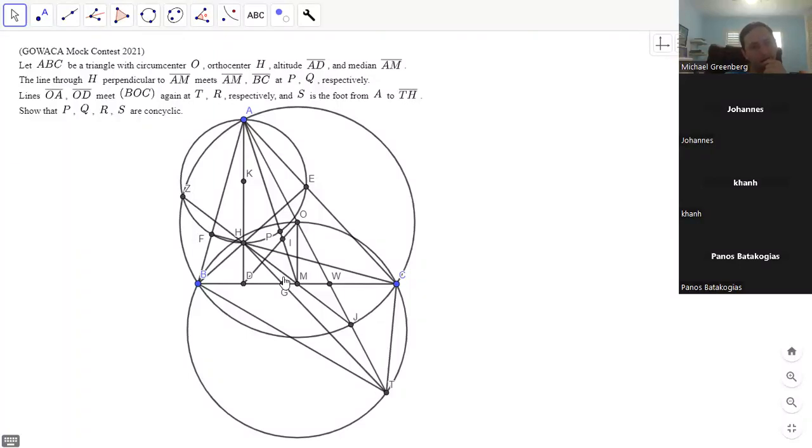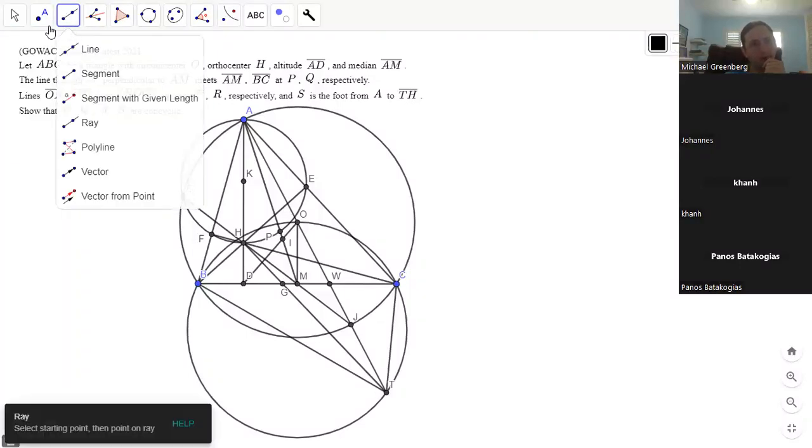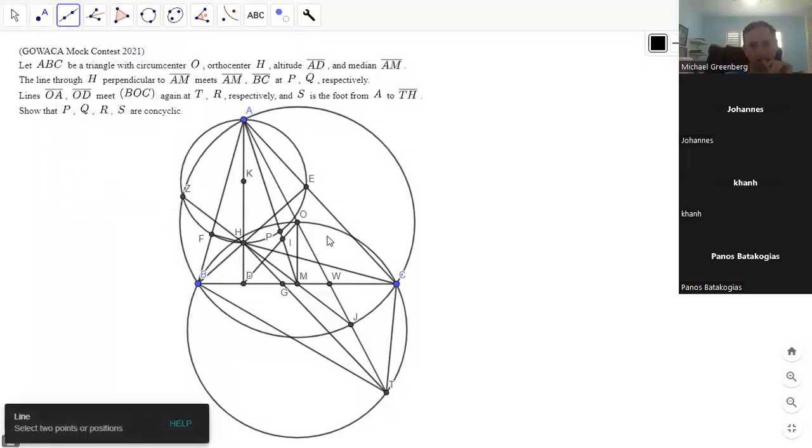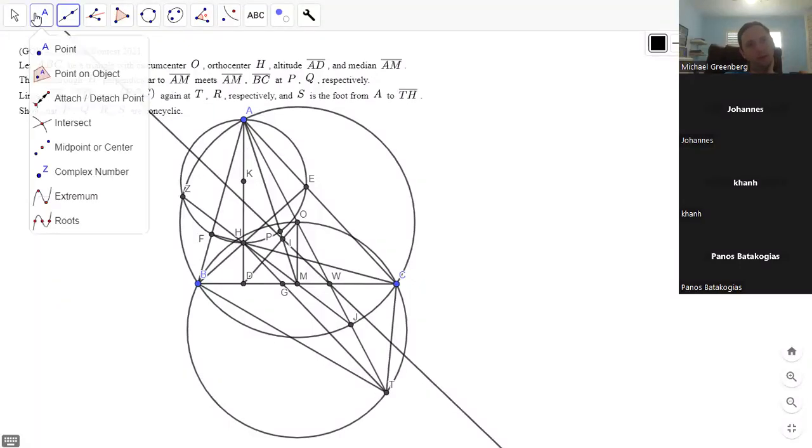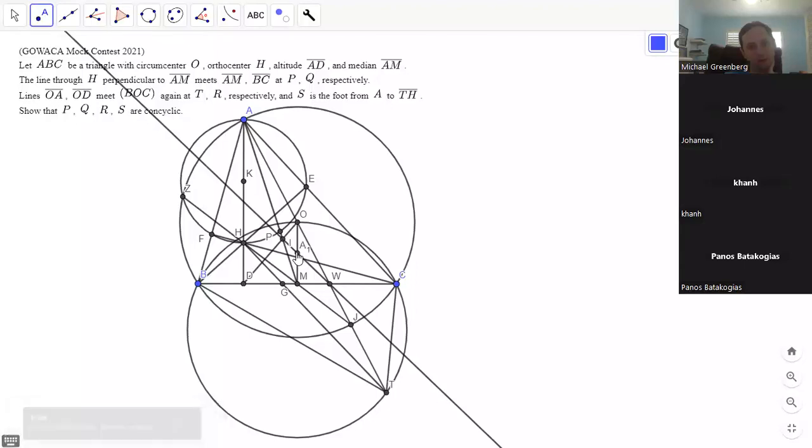Can you draw a line WI? Yes. And I think you have to draw WI. Then you let WI intersect OM and AD at two points, A1 and B1.